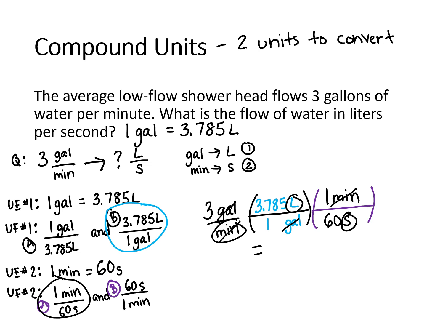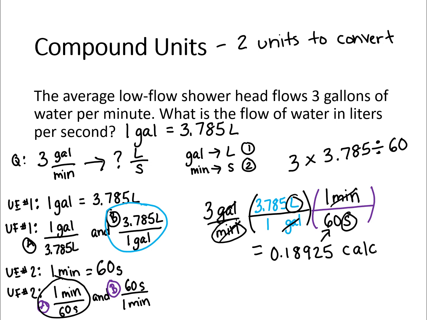So you want to make sure that you do all of the multiplication and division. That's why I wanted to do this as well. So to put this in your calculator, you're going to put 3 times 3.785 divided by 60, because that's what it means when you have something in the denominator. You're dividing. So when you do that, your calculator is going to tell you 0.18925. That's your calculator answer.